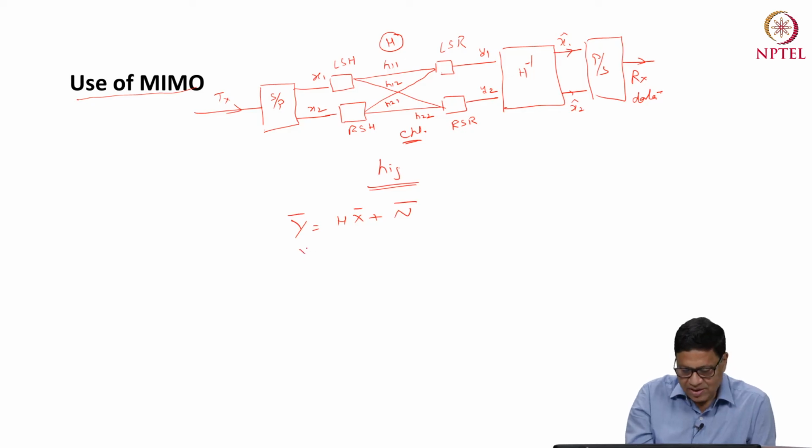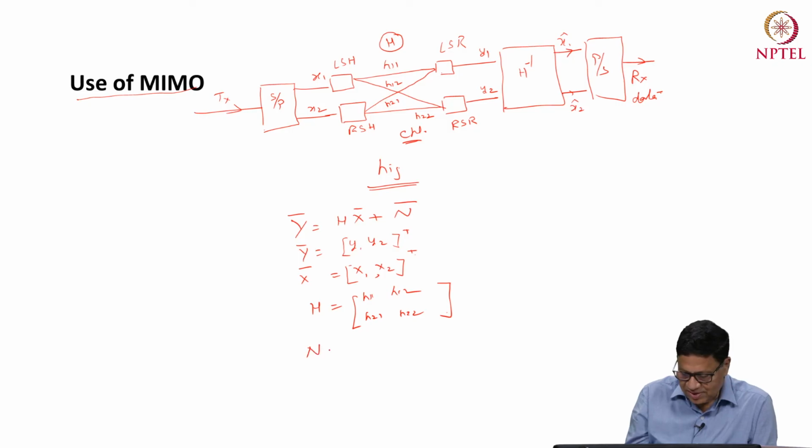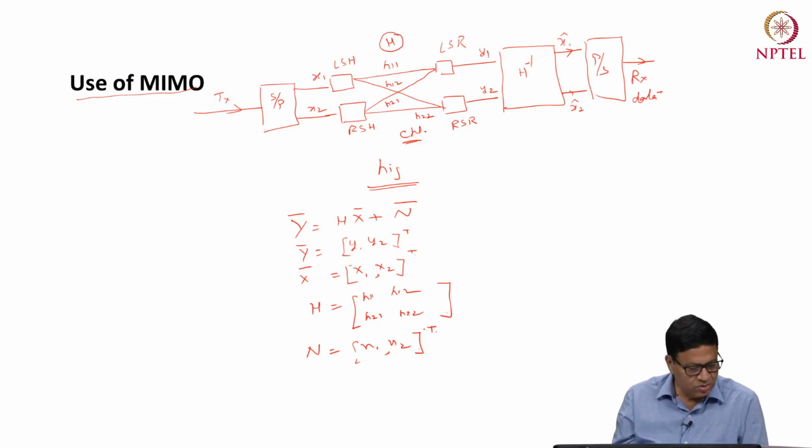Y vector is given by Y1, Y2 transpose, and X vector is given by X1, X2 transpose, and H is a 2 cross 2 matrix, so it will be H11, H12, H21, H22, and the noise vector is given by N1 and N2 transpose. So this is how you can model.